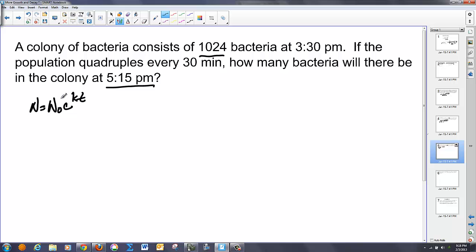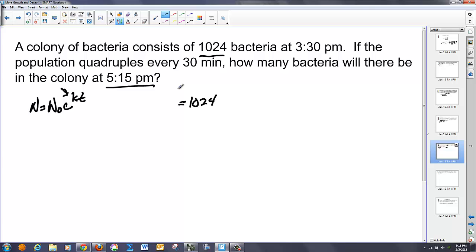They didn't give us a constant, so we're going to have to find that, and that's going to pose a problem. First of all, we start with 1024, but we don't know what we finish with. So in theory, we have two unknowns, but we really don't, because we know it quadruples every 30 minutes.